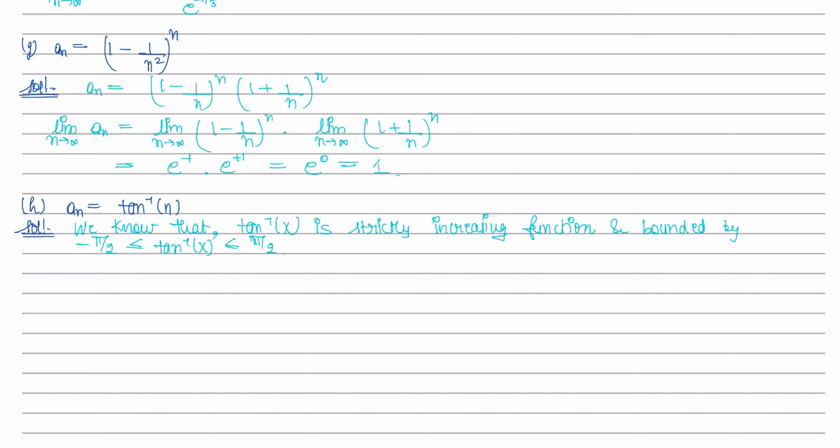Since this function is monotonically increasing and bounded above by pi by 2, clearly we can say that limit n tends to infinity tan inverse n will converge to pi by 2.